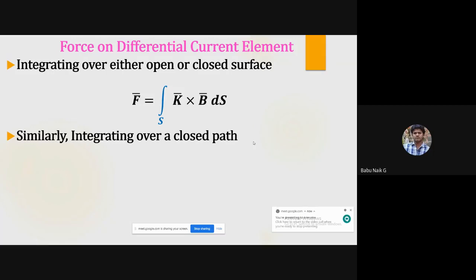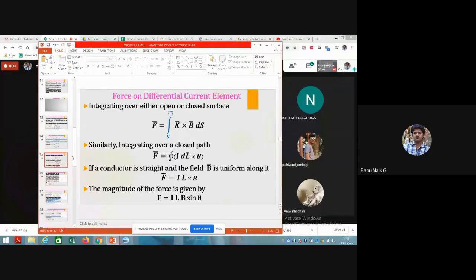Last class, we discussed the magnetic forces, that is, what the force will be in an electromagnetic field, which we have done in electrostatics as well as in magnetostatics. In electrostatics, the force on a charge in an electric field is Q into E bar.